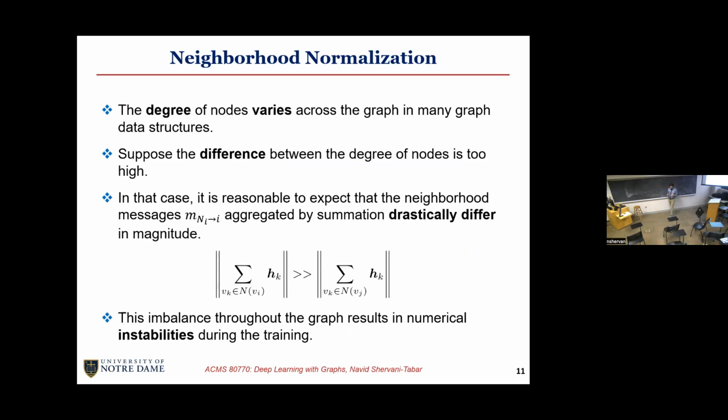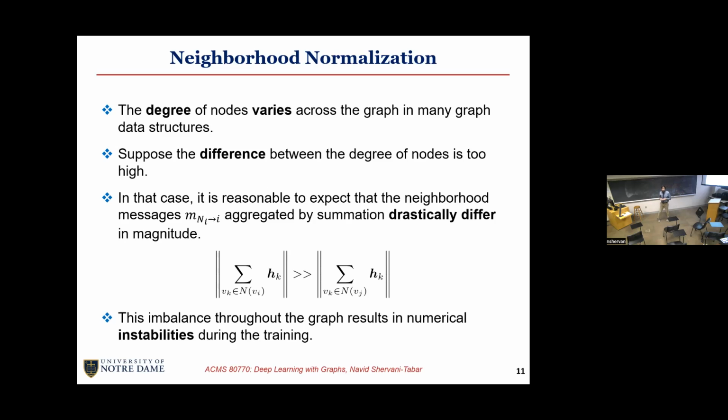I want to first start with variations that I can apply to the aggregation step. In many graphs, we have nodes that vary in degree. Let's say that we have some social network, and different nodes have different degrees.